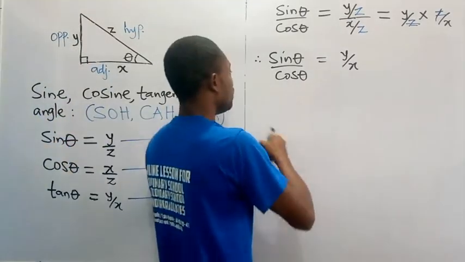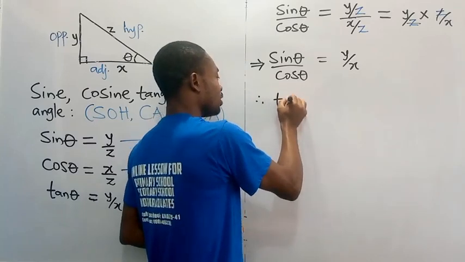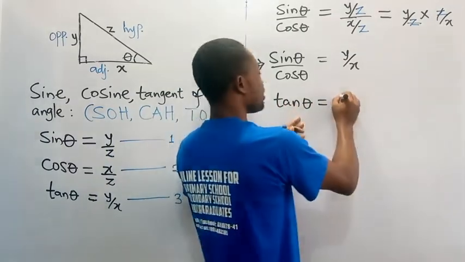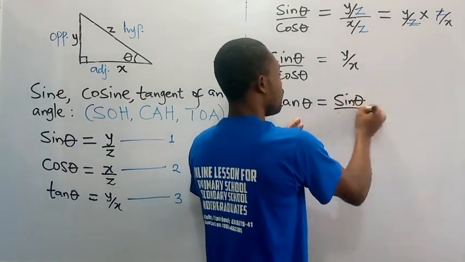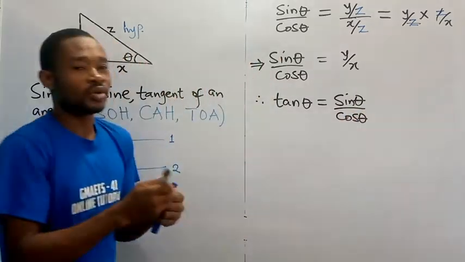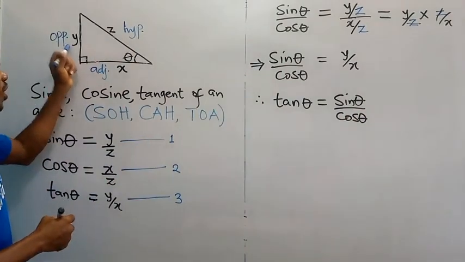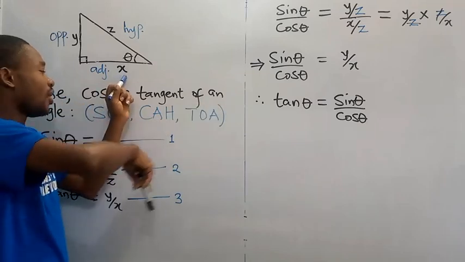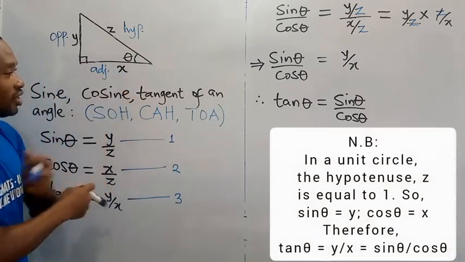So we conclude that tan theta, anytime you're evaluating tan of anything, is also the same as taking the ratio sine theta over cos theta. And that, of course, is equal to the opposite over what? The adjacent, because y there is opposite, and our x is the adjacent.